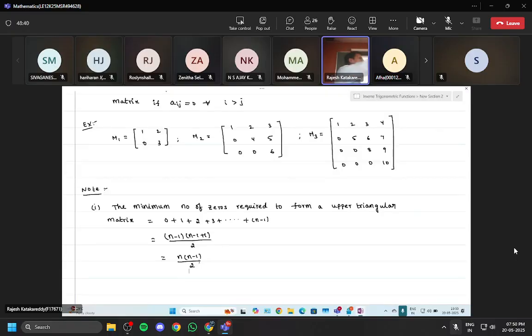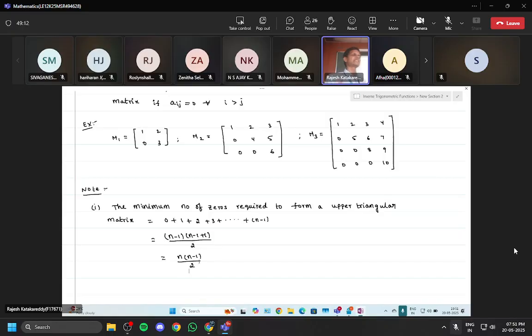Is there any element in the first row that should be 0? It is not necessary to be 0, right? So there are 0 zeros required in row 1. In row 2, there should be a minimum of 1 zero. More than 1 is a bonus, but 1 is a must, right? Second row should have 1, third row should have 2, and so on. The last row should have n minus 1. Now we are adding 1 to n minus 1 natural numbers, that is n into n minus 1 by 2.